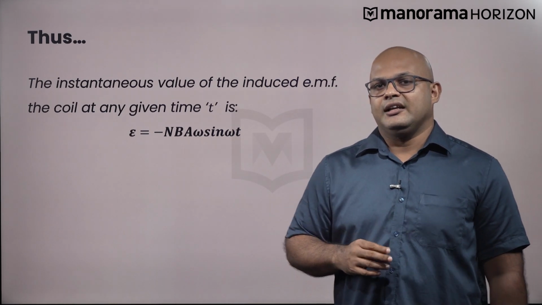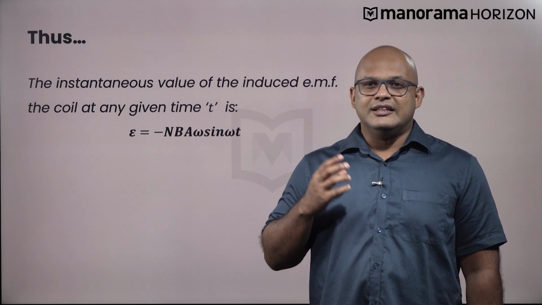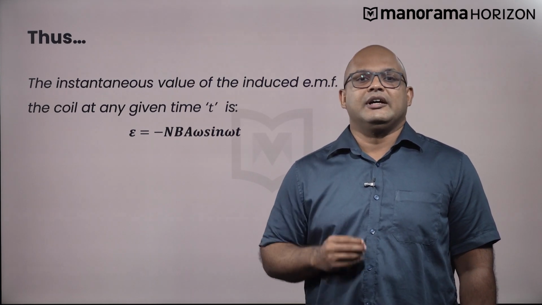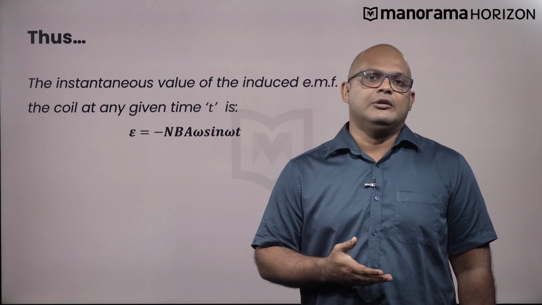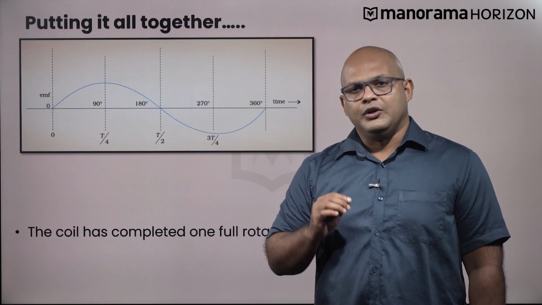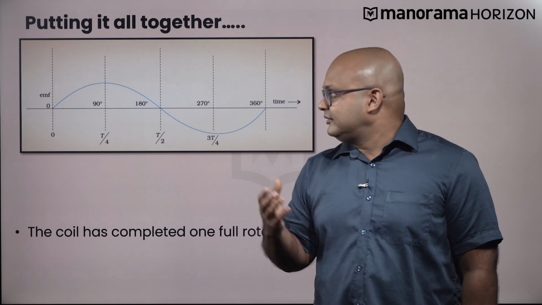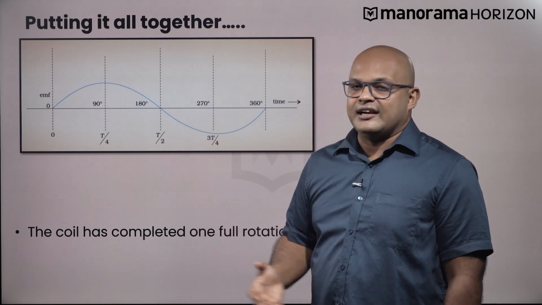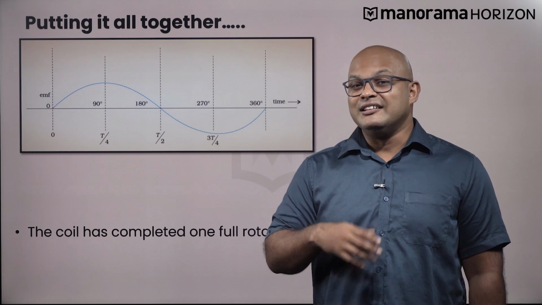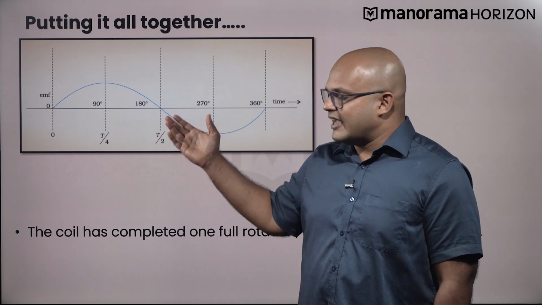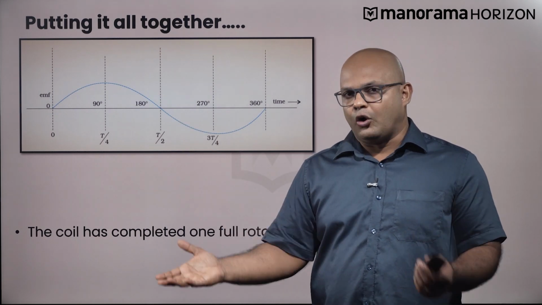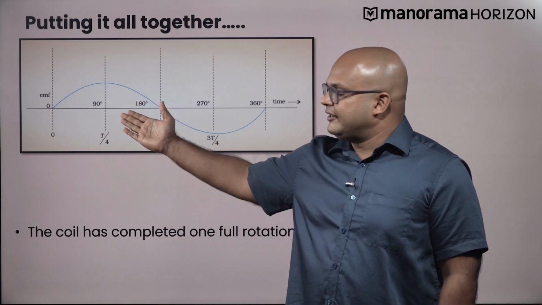So we understand that at any given time, the angle that is being made between the area vector and the external field B is giving us the EMF. We also know that the value of the sine function is maximized at the angle 90 degrees. So here we see that the peak EMF in this generator is reached when the angle between the area vector of the coil and the external field is 90 degrees.